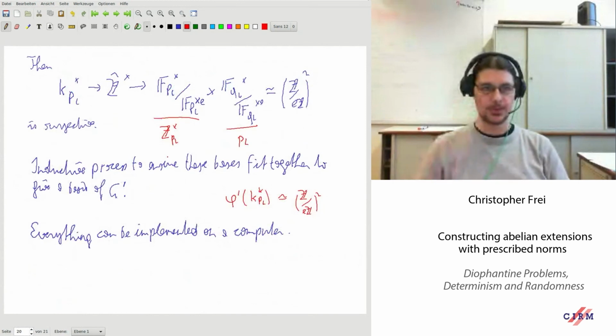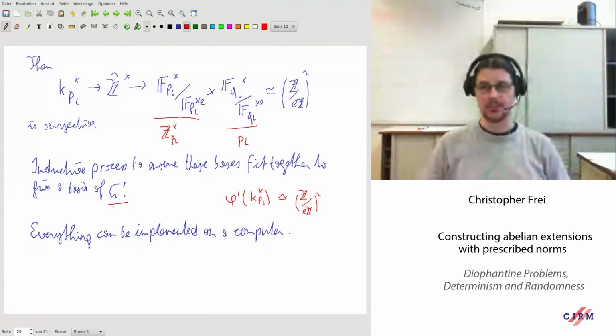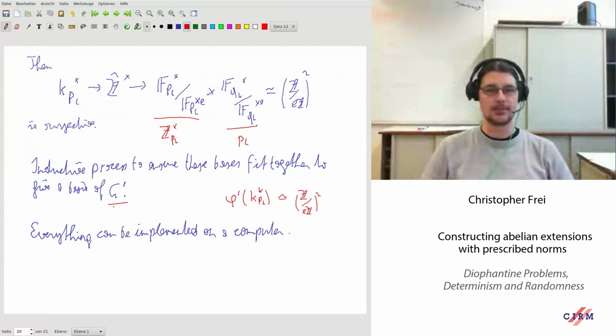And then what I need to make sure is that these basis elements fit well together, so they actually build a basis of G prime. And we do this in the paper using an inductive process, which is not terribly complicated, but maybe a bit too much to explain here on slides. So I won't say anything more about this, but that's in principle how it works.